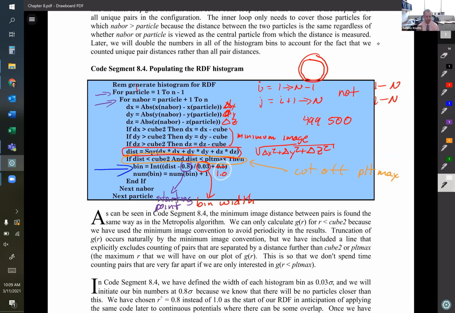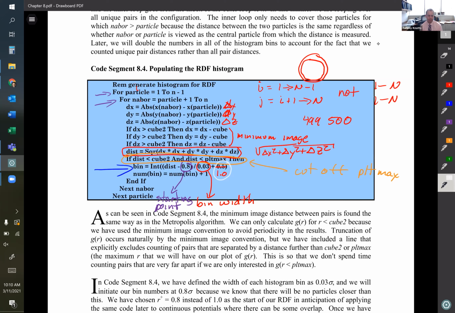Quick question. Does int round to the nearest integer in Excel or cut off? It just cuts it off. So if it did round, would we want to do 0.5 instead? Maybe that's why it thought it would be 0.05.